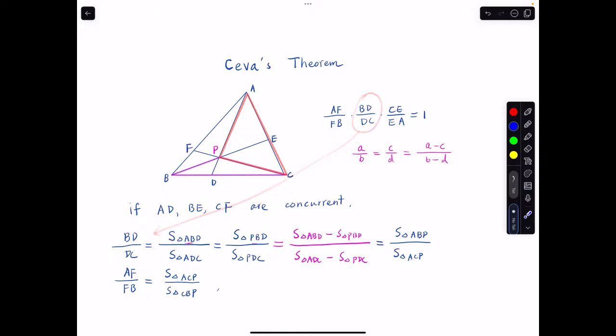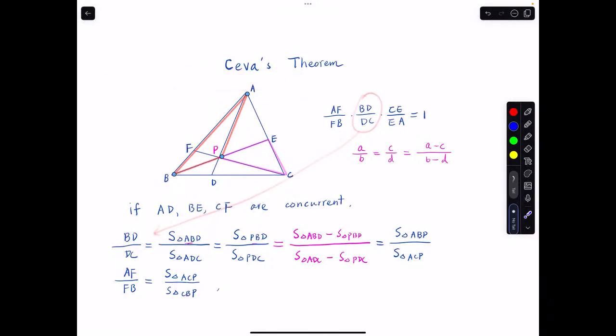Okay, now similarly for CE over EA, right? So now what you can do here is, the smaller triangle would be this one, the ratio, right? The bigger one would be this one, and the difference, there's a bigger one, this ratio here, the ratio CE over EA is going to be for the area of this one, and also smaller one, and then the difference here would be, let me write it here, the difference here would be this one.